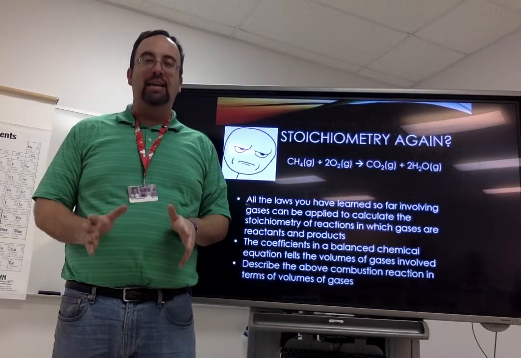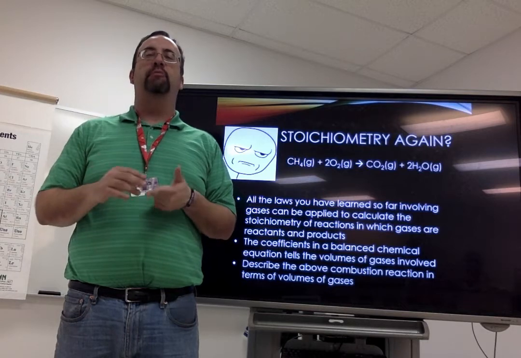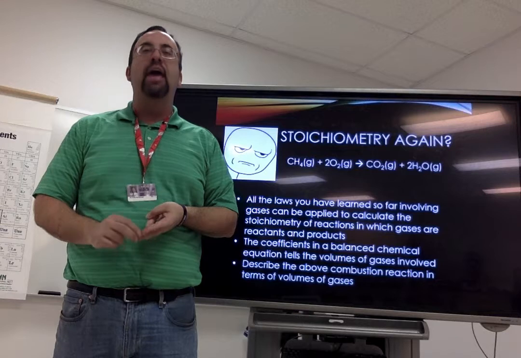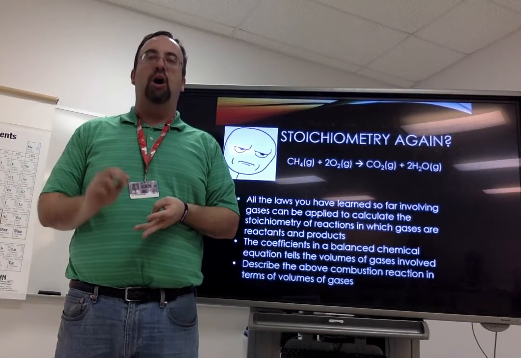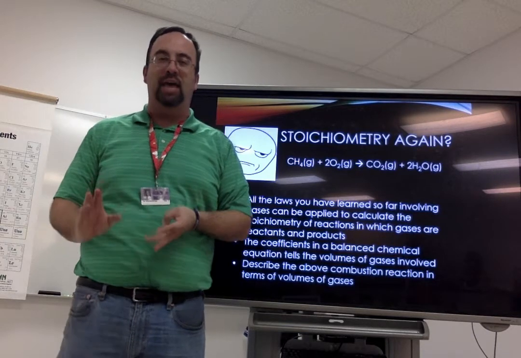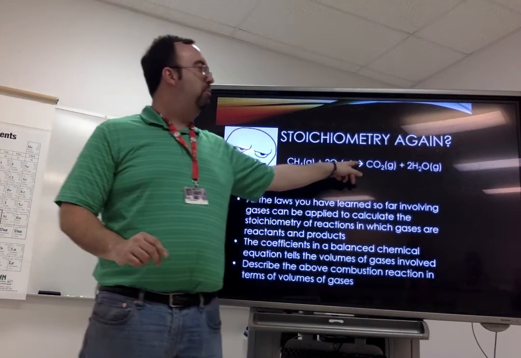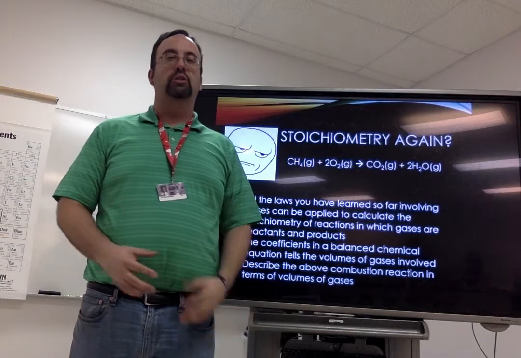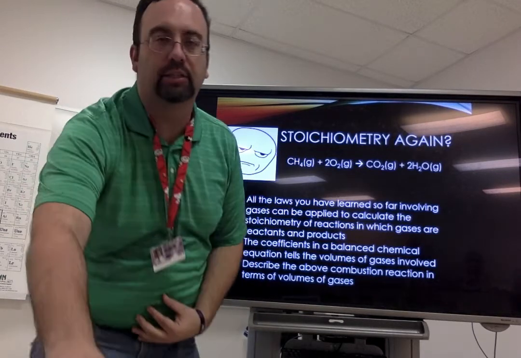So again, by having the balanced chemical equation, it not only tells us the number of molecules that are involved, it will also tell us the number of moles that are involved. And now we can see, in the case where we're dealing with just gases, it also tells us the number of volumes involved as well. And so again, 1 liter of methane plus 2 liters of oxygen will form a liter of carbon dioxide and 2 liters of water. And so we can, again, use the stoichiometry to tell us that.